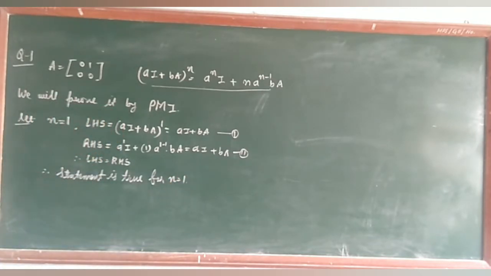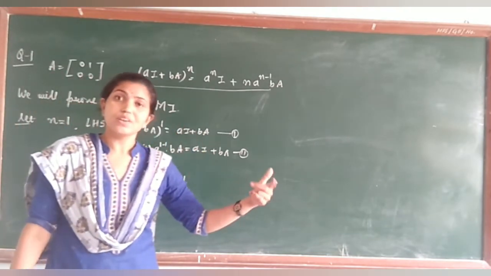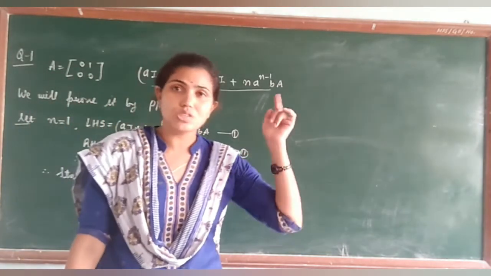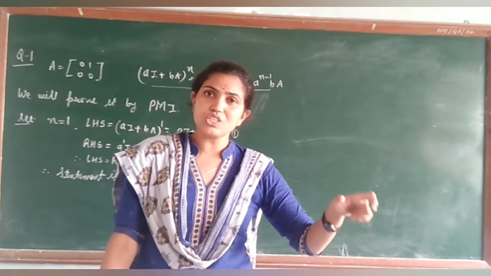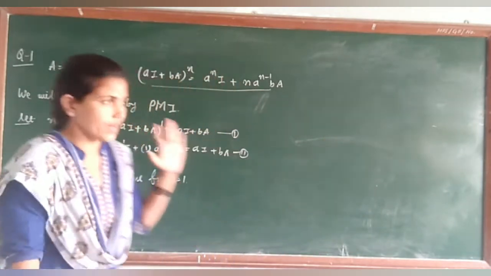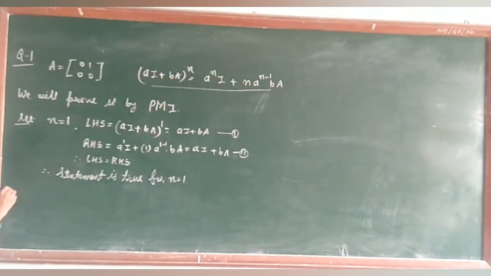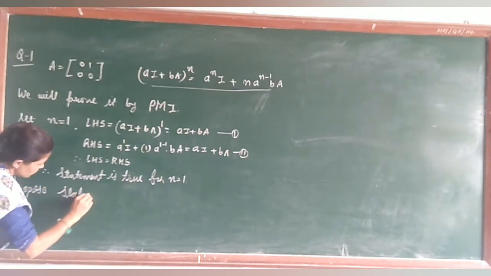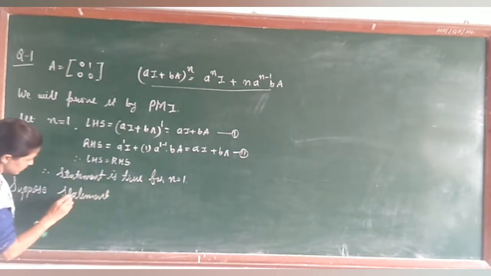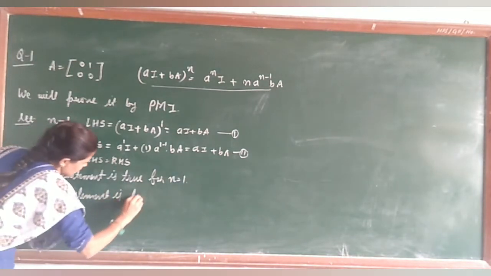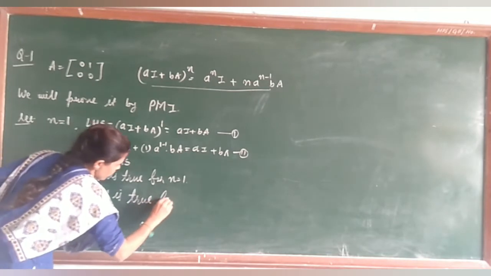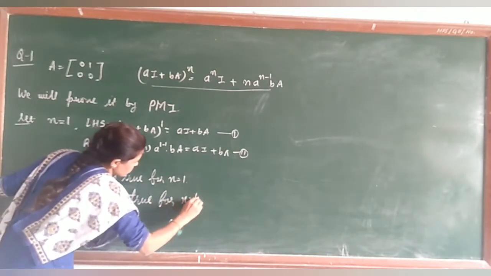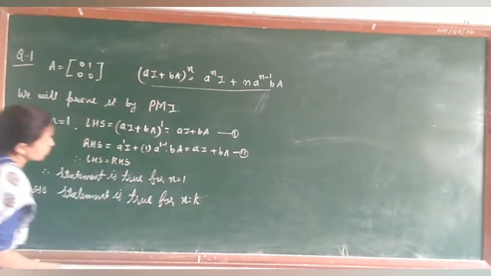तो अभी हमने n = 1 के लिए प्रूव कर दिया, तो आगे का स्टेप क्या था स्टूडेंट्स? Yes, we have to suppose that our statement is true for n = k. Now suppose the statement is true for n = k.